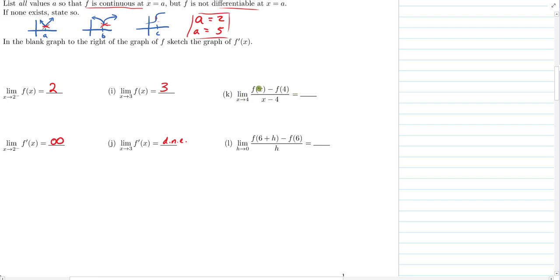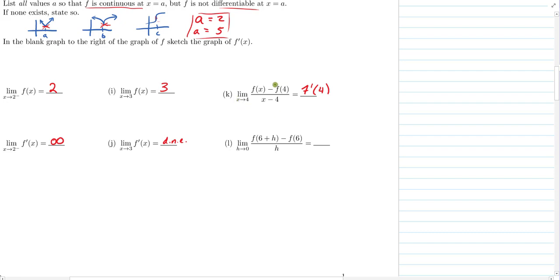Notice it looks like your slope formula right here, y2 minus y1, all divided by x2 minus x1. So that's the slope of a secant line between 2 points on a curve. And then what we're going to do is take the limit as one of those points approaches the other. That is precisely what we mean when we say compute the derivative of the function f at 4.